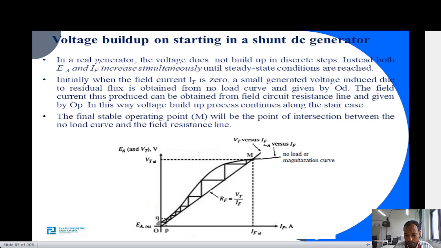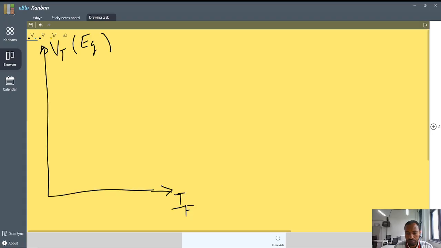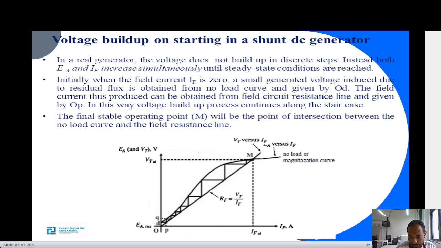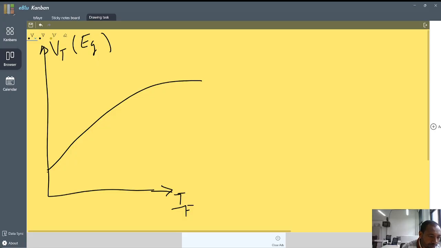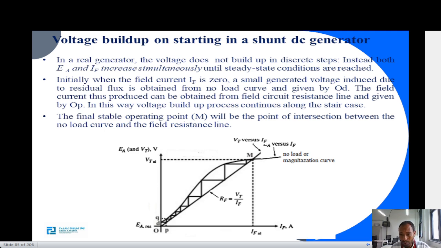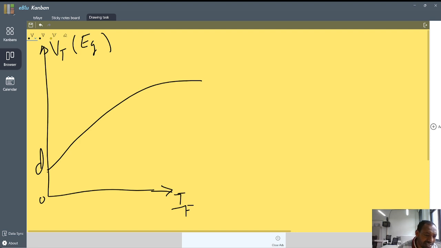Now, two important curves we need to plot. One is the saturation curve, the open circuit curve, which starts from a certain point, in this case D, and this is the origin O. And we have another important curve called the field resistance line. The field resistance line is simply RF, which is VT divided by IF.